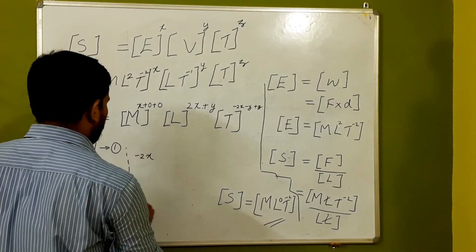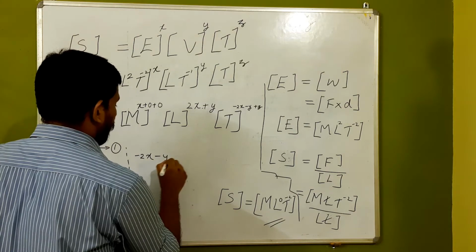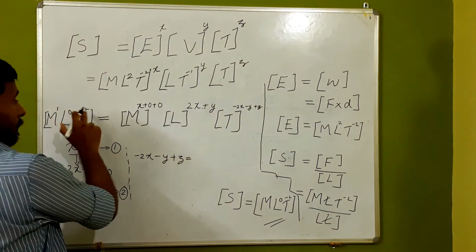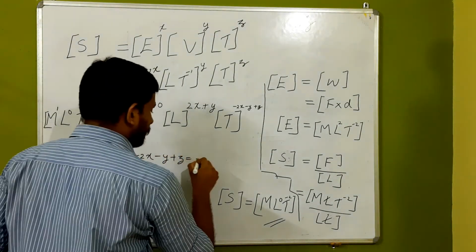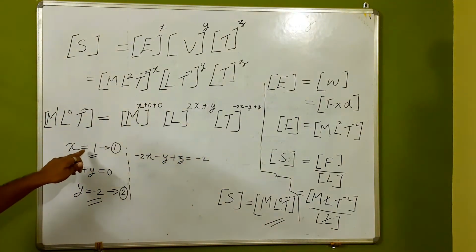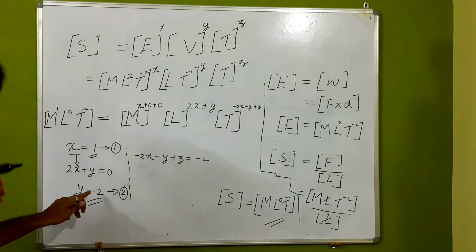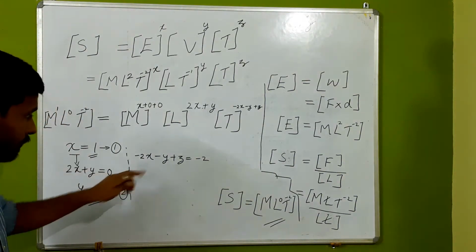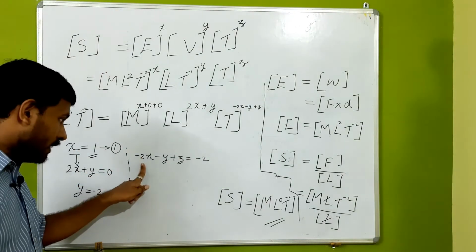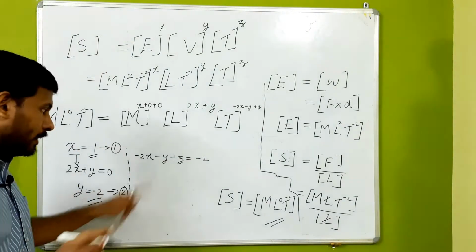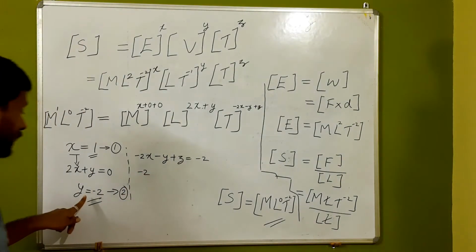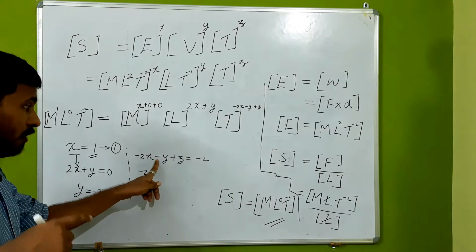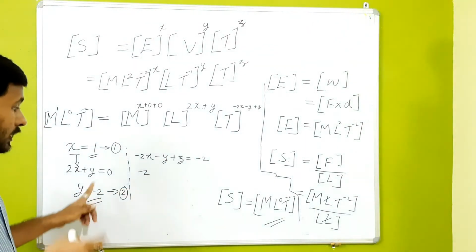minus 2x minus y plus z is equal to minus 2. But we know x is equal to 1 and y is equal to minus 2. So putting these two here, we get minus 2 into 1, that is minus 2. And y is minus 2, and we have minus of minus 2, that is plus 2.